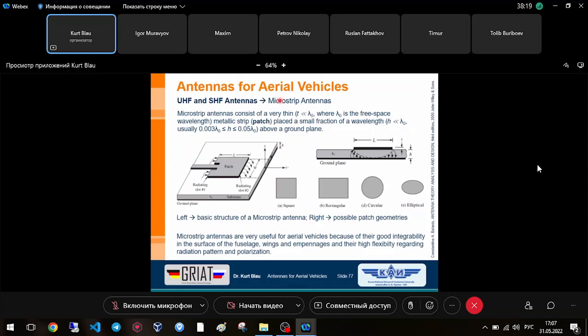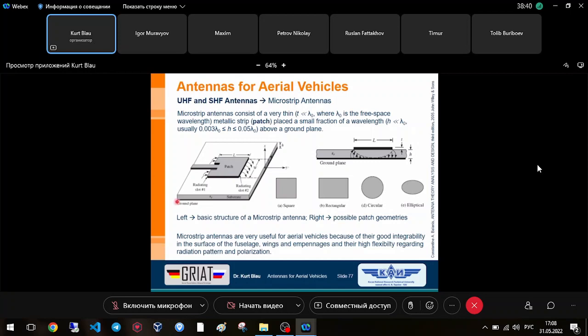This is a special type of antenna which is very often used in such antenna arrays, because this single element is very simple to manufacture, and you can see here the basic principle of such a patch element.